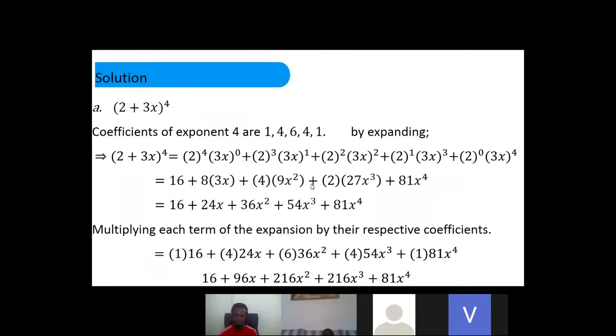What's the question again? Okay, ask. If you are given a question and you don't specify whether you should use the expansion method or the Pascal triangle, which one do you prefer to use? We are not there yet.